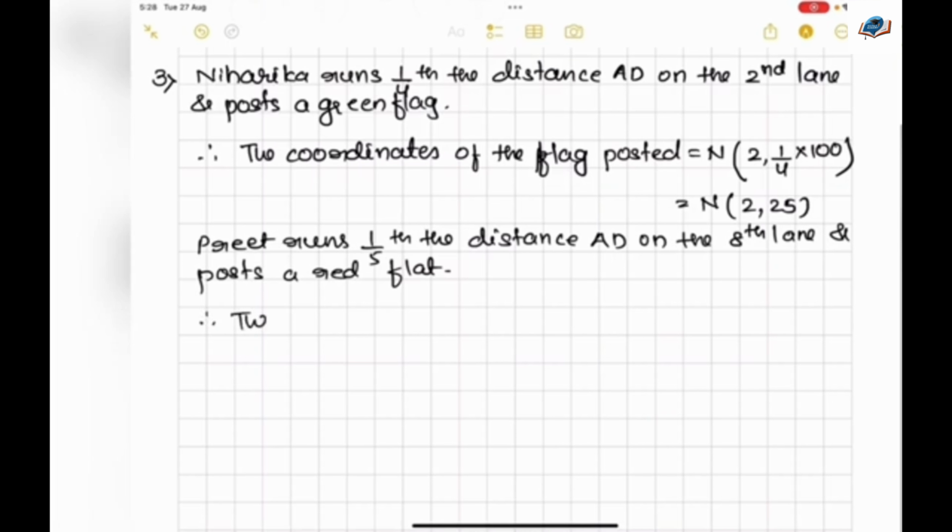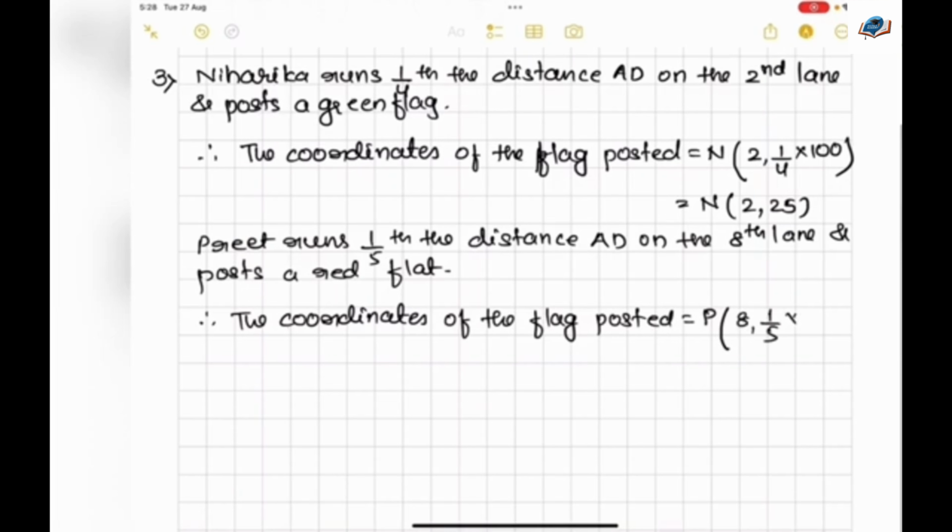Therefore, the coordinates of the flag posted will be equal to P. On the eighth lane she was running and 1/5 she did. So 1 upon 5 into 100. So that will be P (8, 20).